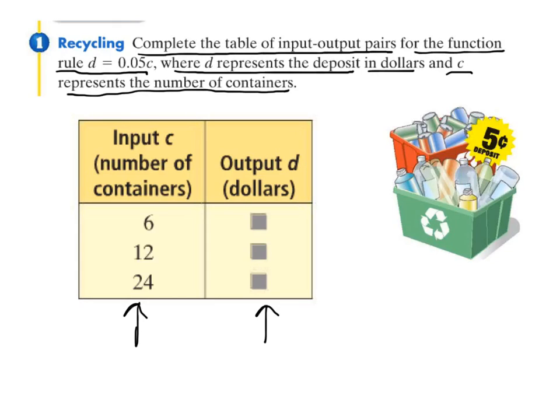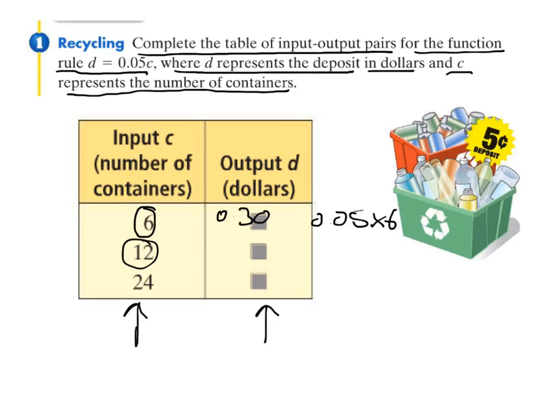So if you buy 6 containers, what is the deposit you will make? It will be 0.05 times 6. And that's going to be 0.30.